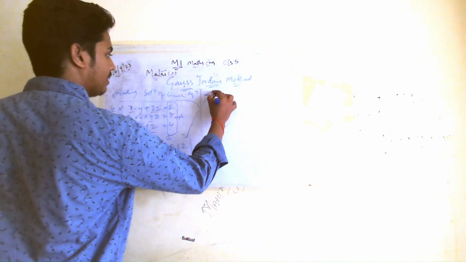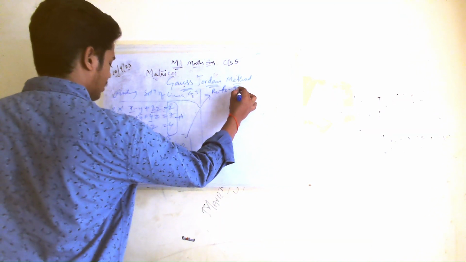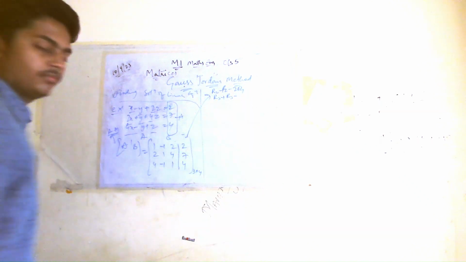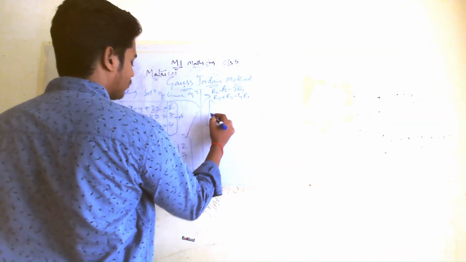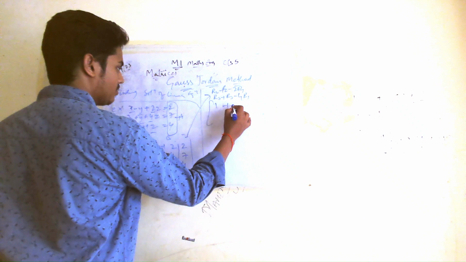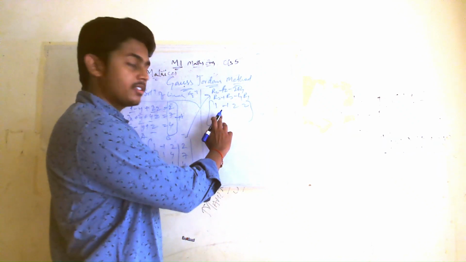After applying this, what will I get? I am doing this operation only to get zeros in this position and this position. My R1 is not changed, so I wrote R1 as it is.